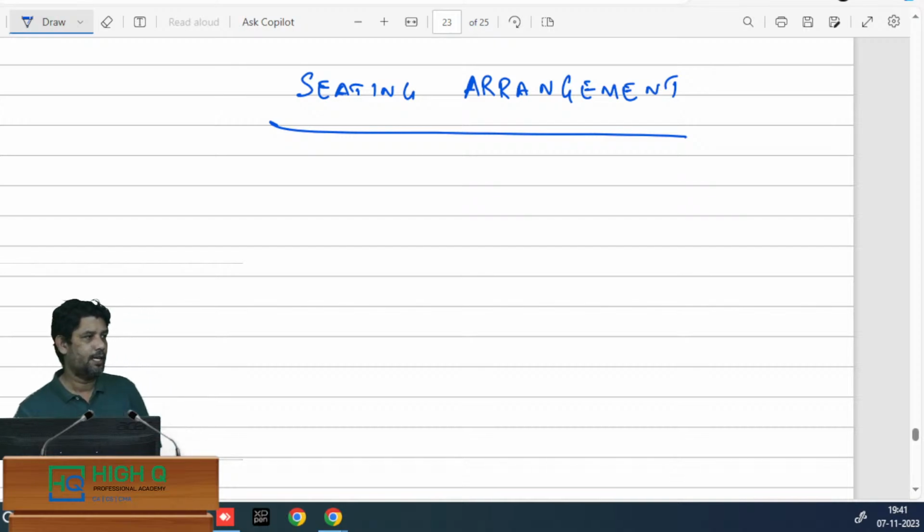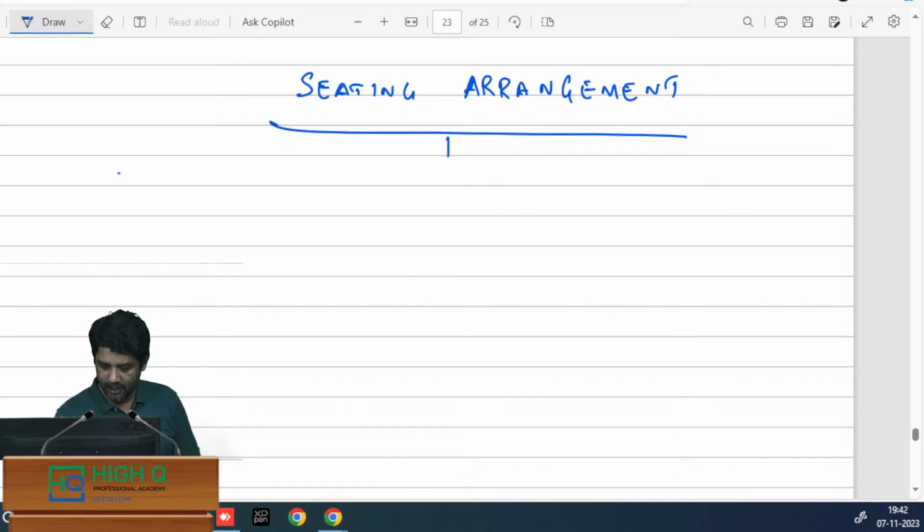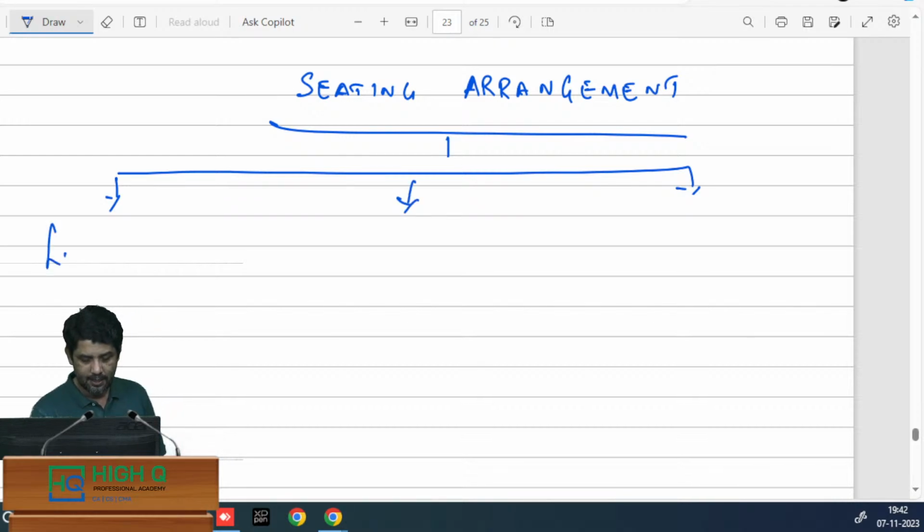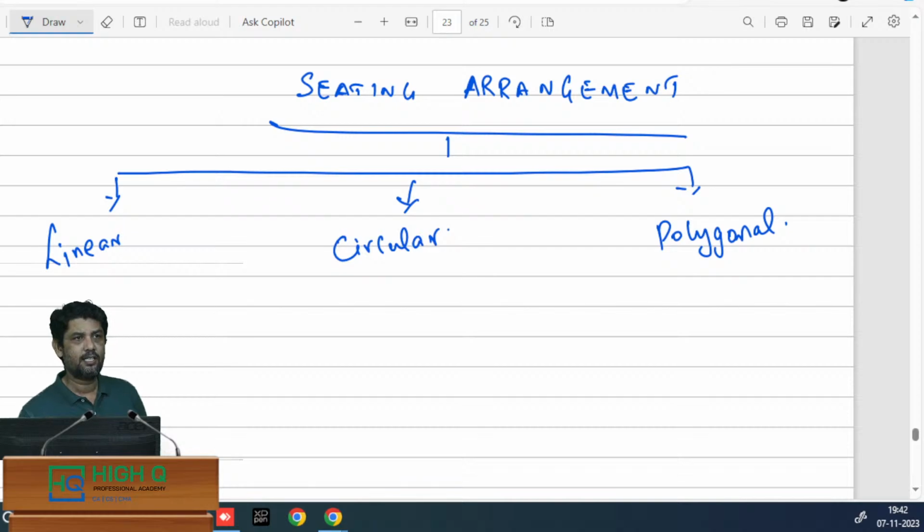Today in logical reasoning we are going to discuss seating arrangement. Actually it's a challenging part. There are three types of seating arrangement: linear, that is straight line; circular; and polygonal.